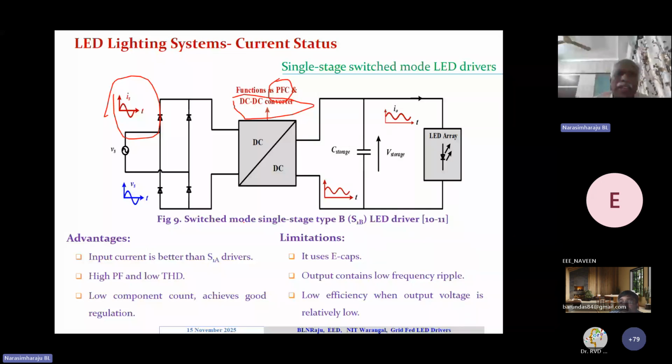But how is that power factor correction achieved? There are two ways, because we know that these converters can be operated in continuous and discontinuous modes.